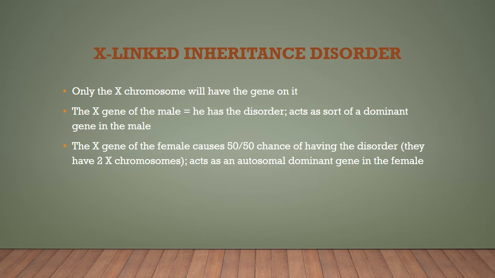The X gene of the female is a 50-50 chance of having the disorder. Since they have two X chromosomes, it depends on which one's the dominant gene, and so there's the 50-50 chance that the female babies will have the disorder or not.